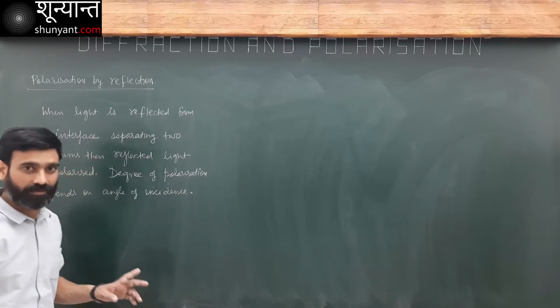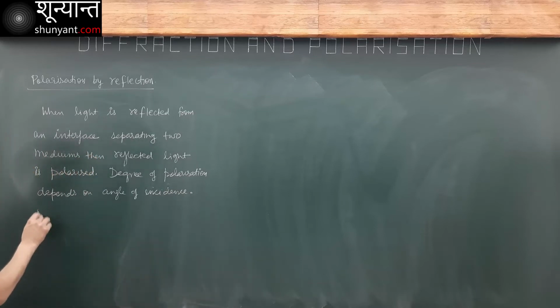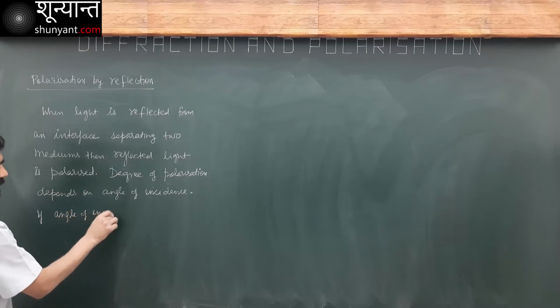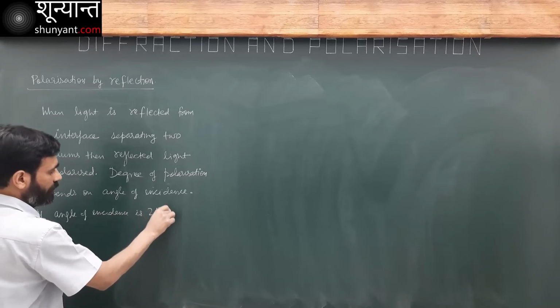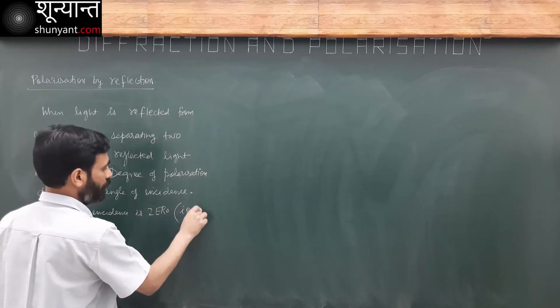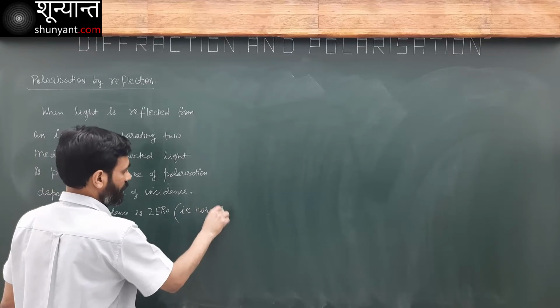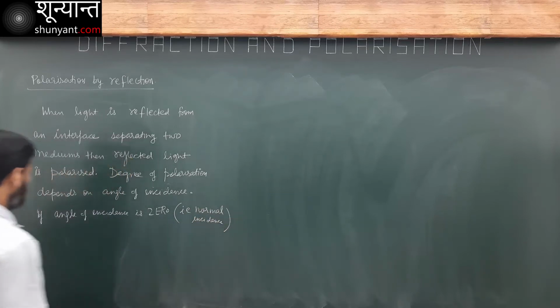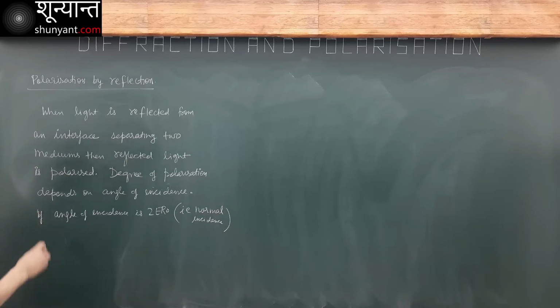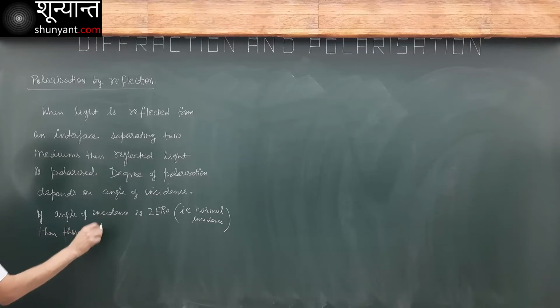Now, if the angle of incidence is 0, that is normal incidence, then there is no polarization.